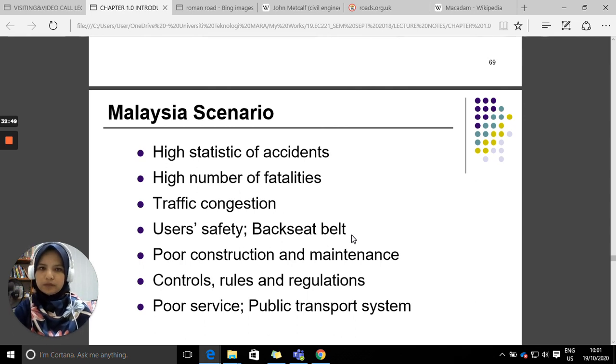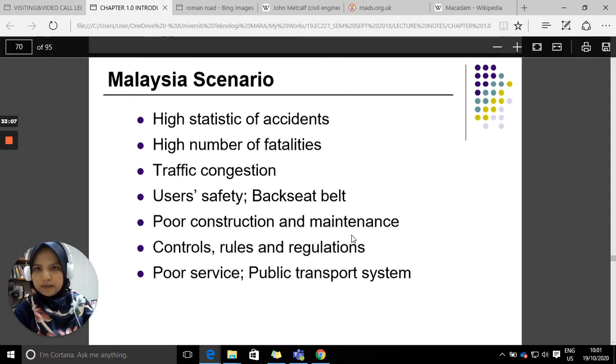But due to MCO, there are some changes. They are not fully implemented yet. Okay, poor service of public transport system. This is what we know in Malaysia. We are lacking in terms of the public transport system.